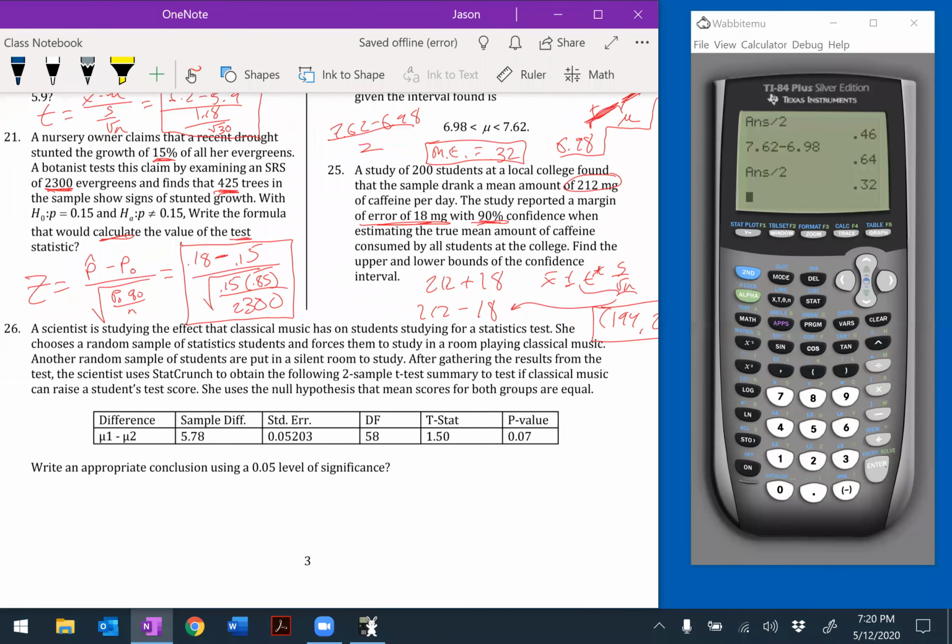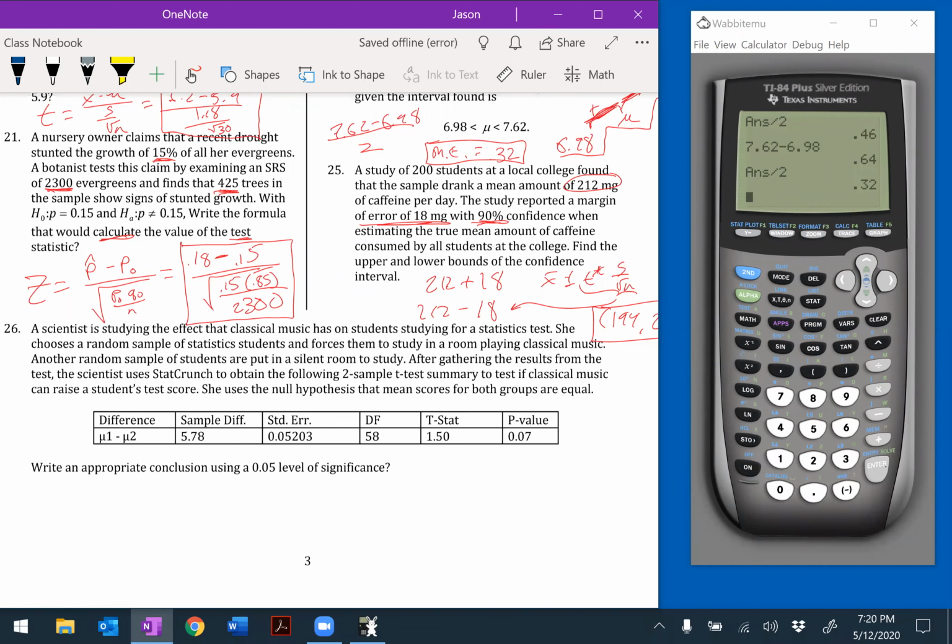Okay, a scientist is studying the effect that classical music has on students studying for a statistics test. She chooses a random sample of statistics students and forces them to study in a room playing classical music. Another random sample of students are put in a silent room to study.